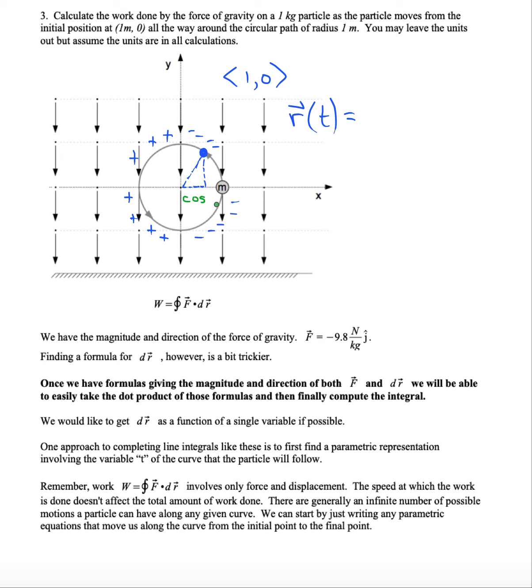I could use theta, but in this case I'm just going to use t, because the speed with which it goes around the circle doesn't matter. And when it comes to the vertical height of my object, I'll make that sine t. Since the radius is 1, I don't have to worry about that. But basically, my particle would be located at r cos theta in the i hat direction plus r sine theta in the j hat direction.